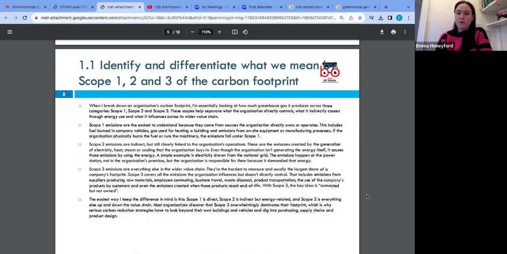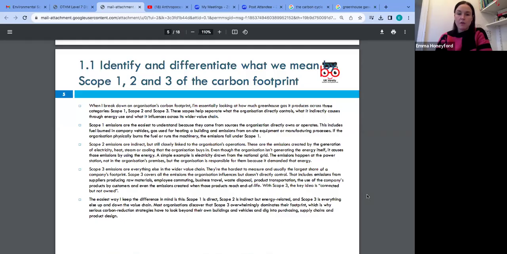So Scope 3 covers all the emissions the organisation influences but doesn't directly control. That includes emissions from suppliers producing raw materials, and employee commuting. For example, any travel that employees take back and forth to an office, be it by train, tram, car or bus, as well as business travel, waste disposal, and product transportation.